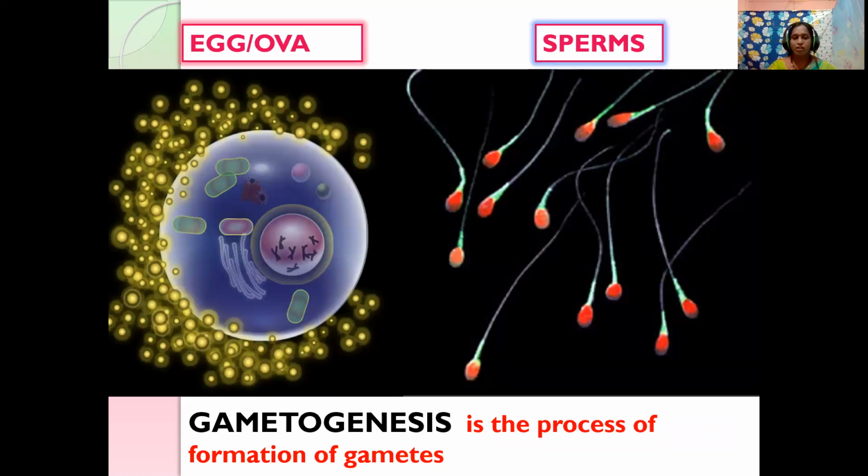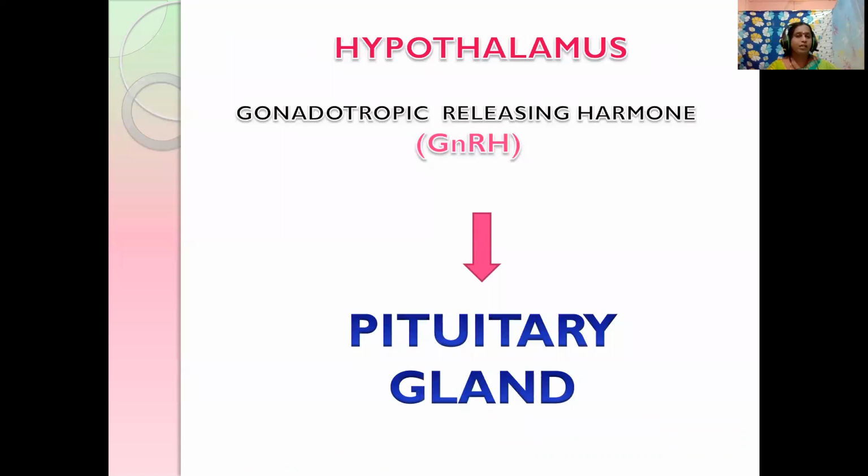So gametogenesis is the process of the formation of the gametes, egg and sperm. In the previous session, Satish sir told you about the male reproductive system and the hormones triggering the release of the male gametes.